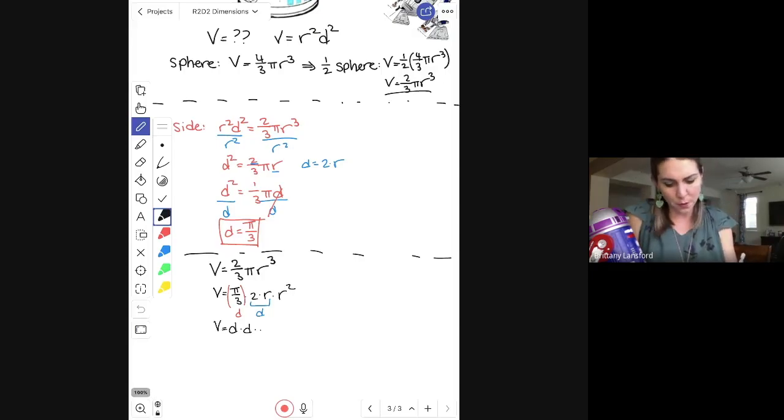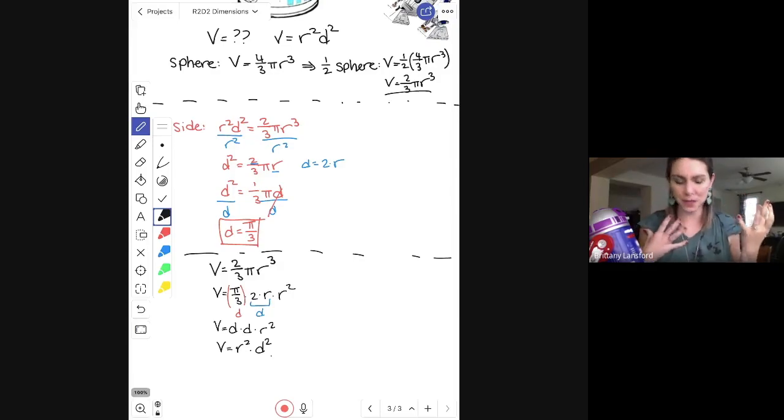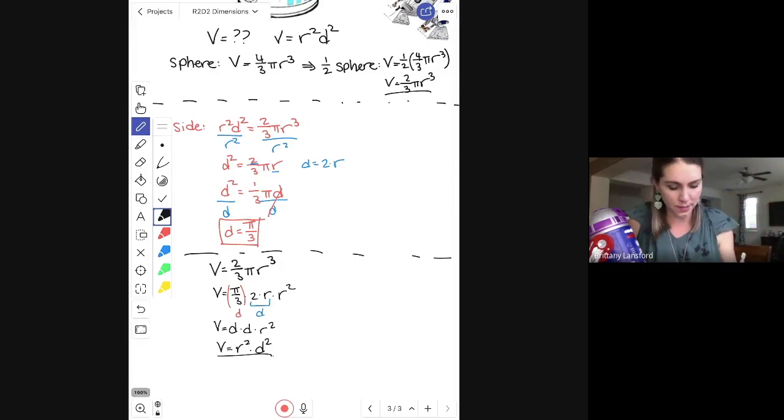Or rewriting that, d times d is d squared. So volume is equal to r squared times d squared. What? That's crazy. This formula actually works? What are the odds?